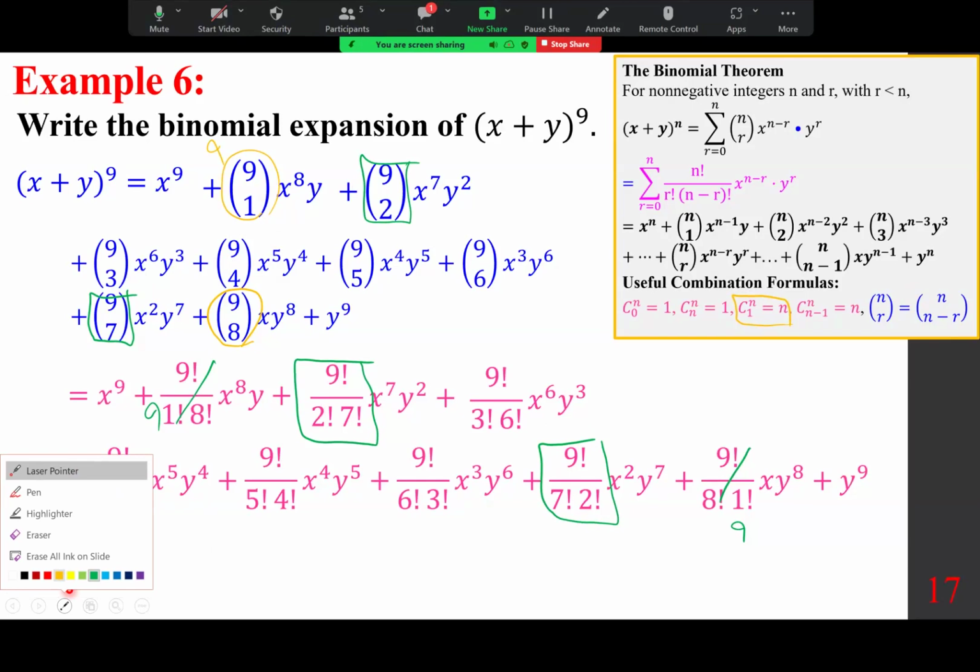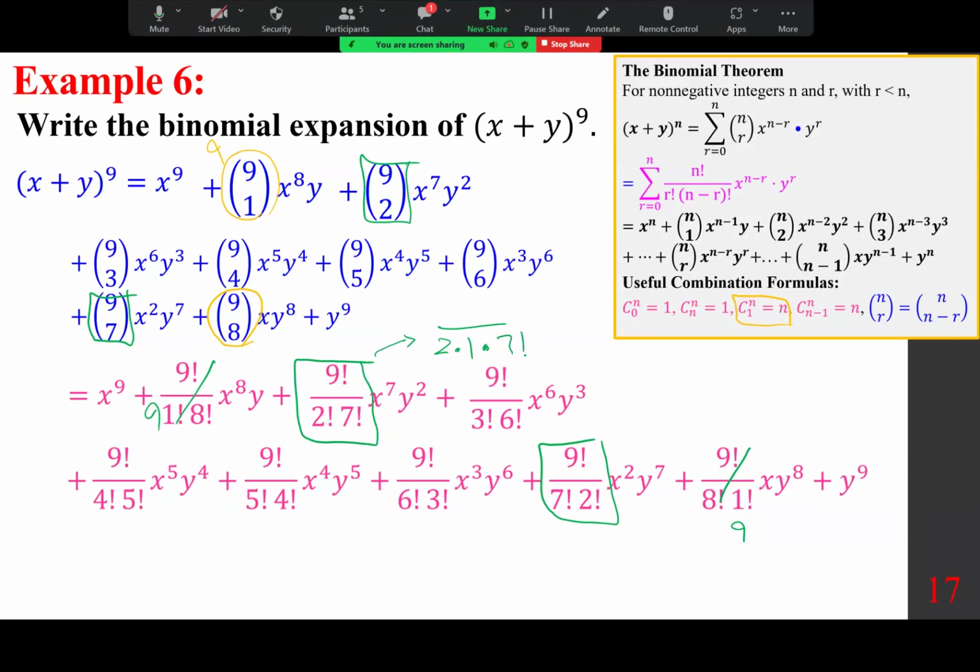So we have 9 factorial. Let me write the denominator first. So the denominator is 2 factorial, which means 2 times 1, times 7 factorial. So this is 9 times 8 times 7 factorial.